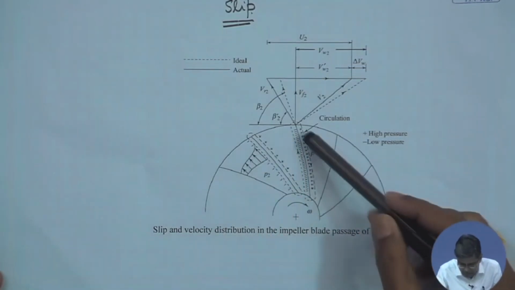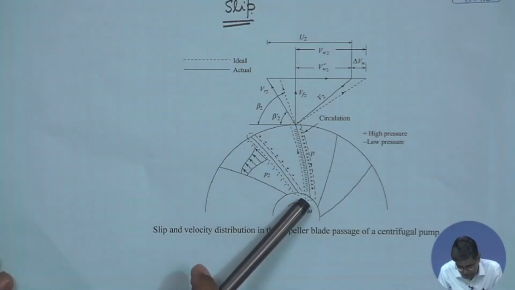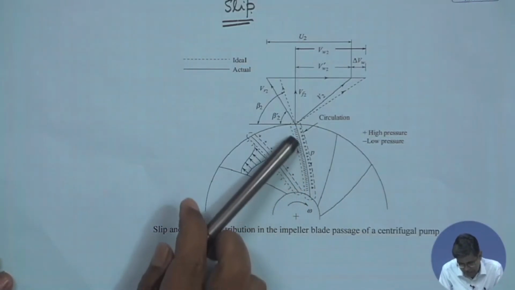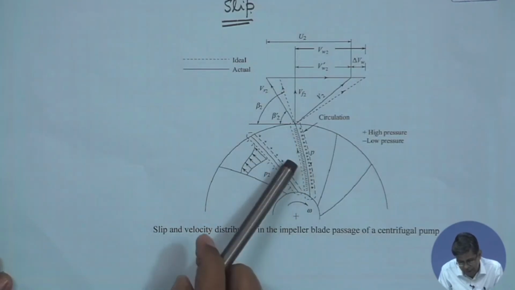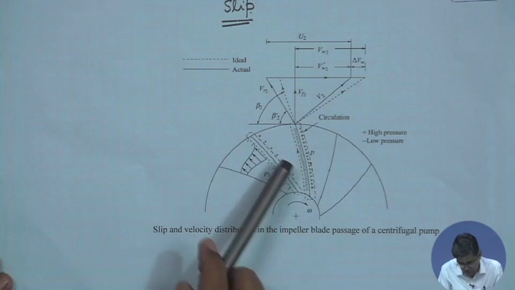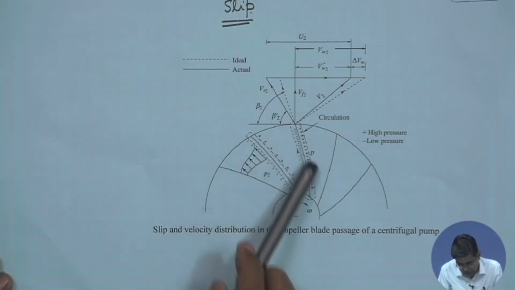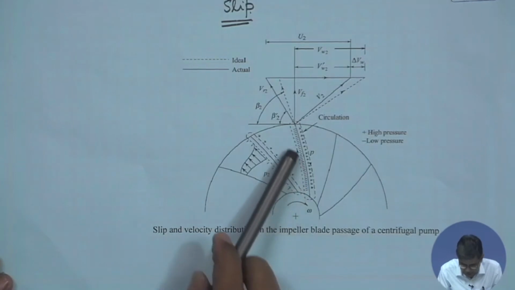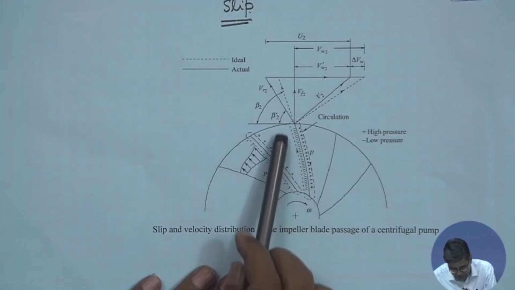This higher pressure on the leading side is the result of the pressure gradient imposed by this curvature, on the leading side and on the trailing side. Because of this, a higher pressure is induced on the leading side and a lower pressure on the trailing side, which induces a circulation like that.